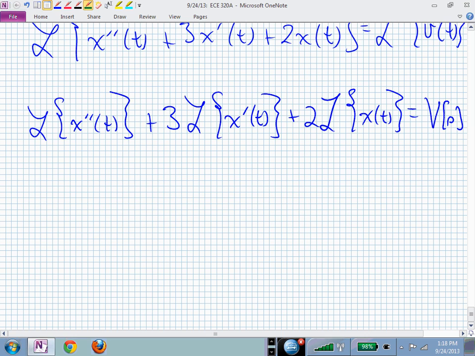I would just take s times the Laplace transform of g, which was actually x prime, and then what do I subtract off? The initial condition, don't I? Which is x prime of 0 minus.